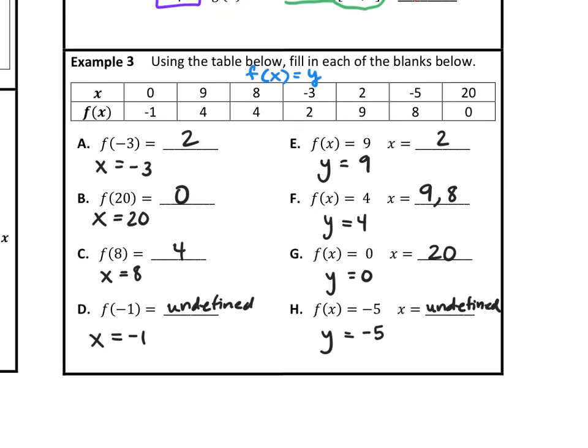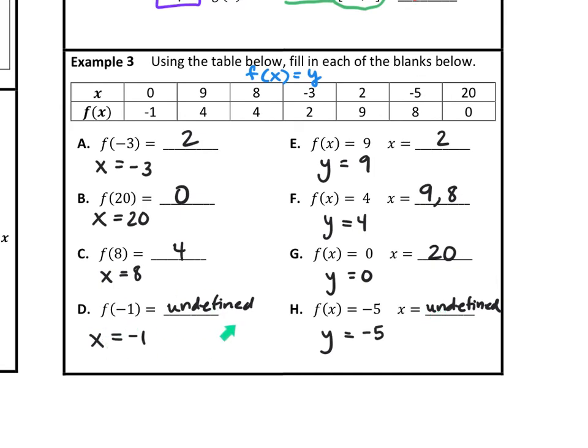But don't do that, because it's not asking us, is x equals -5? Because remember, this value is a y value. If you're in the right row and you don't see a -5, then we say it's undefined.